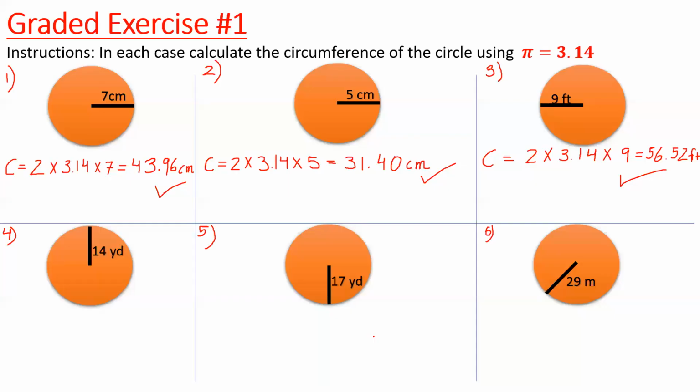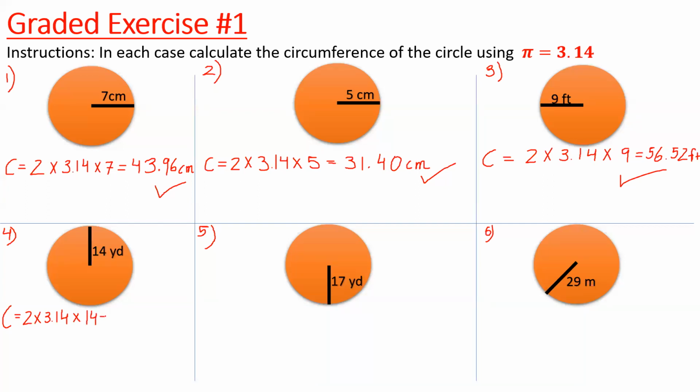C is equal to 2 times 3.14 times 14 yards. 2 times what? 3.14 times what? Times 14. Yes.